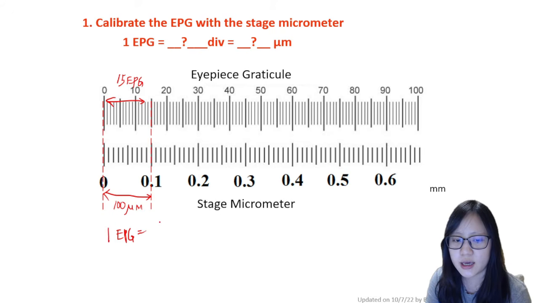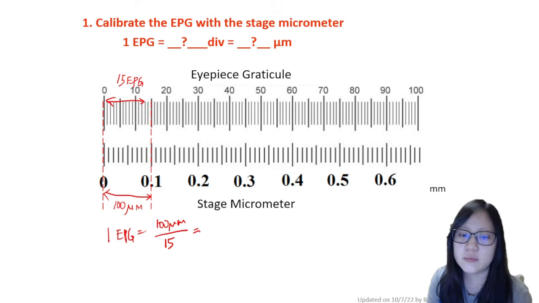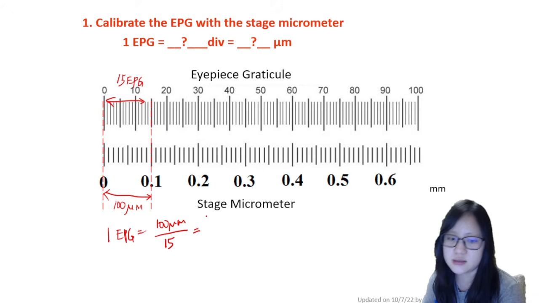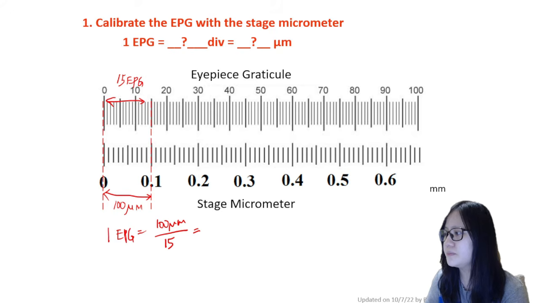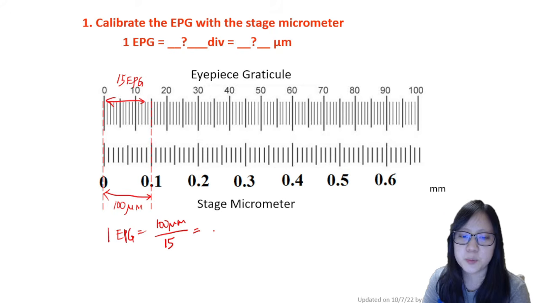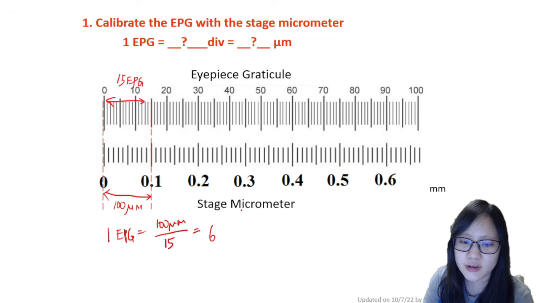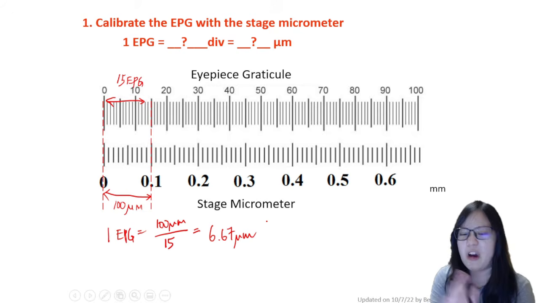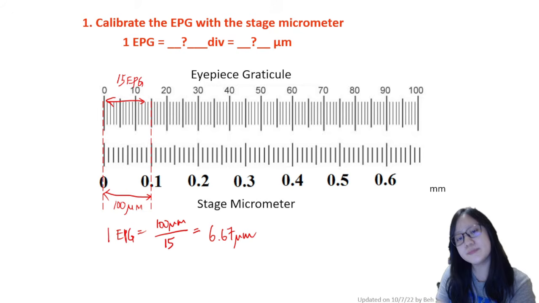You just take 100 micrometers divided by 15, and you should get your answer, which is 6.67 micrometers, rounded up to 2 decimal places.